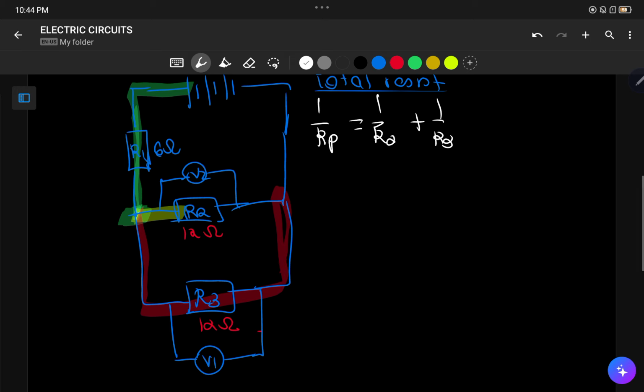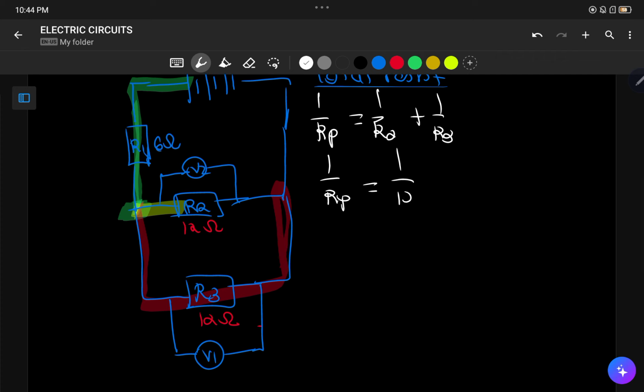So how are you going to go about it? 1 divided by R parallel is equal to 1 divided by R2, which is 12 ohms, plus 1 divided by R3, which is 12 ohms. You put it as it is in your calculator: 1 divided by 12 plus 1 divided by 12, and you're going to have 1 divided by 6.